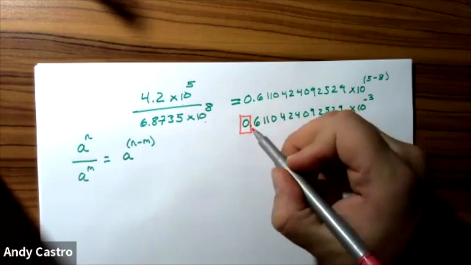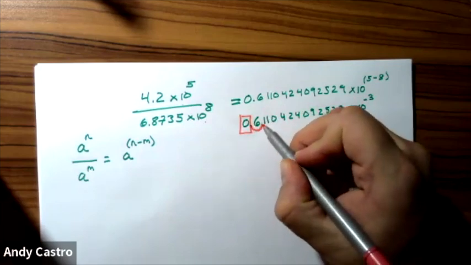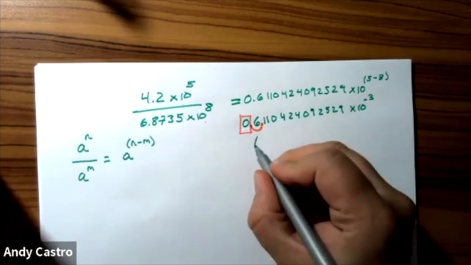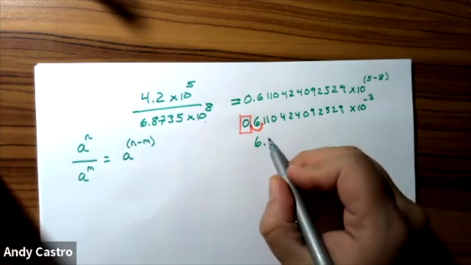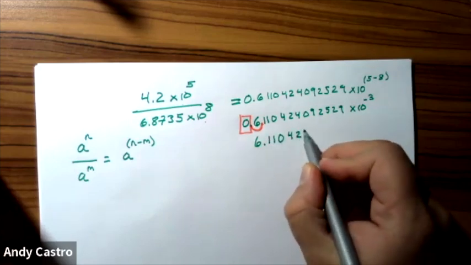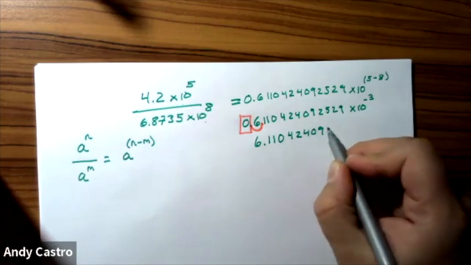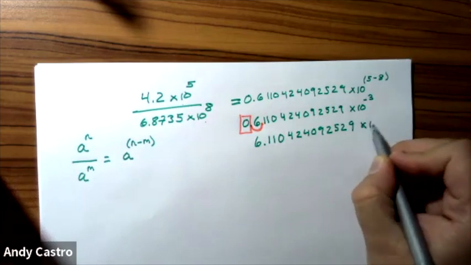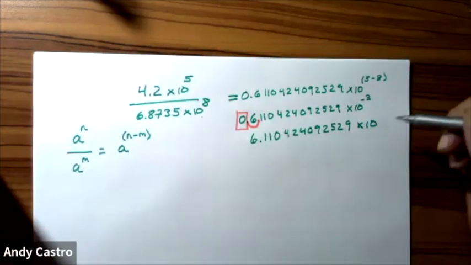That means that we have to take our decimal point and we need to move it to the right one. Okay. So this becomes 6.11042409252 times 10. Now, what do I do here?